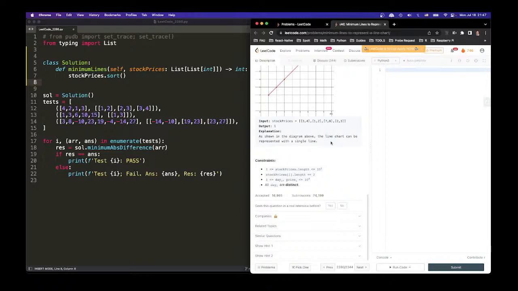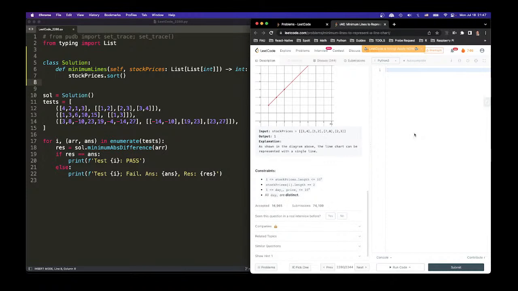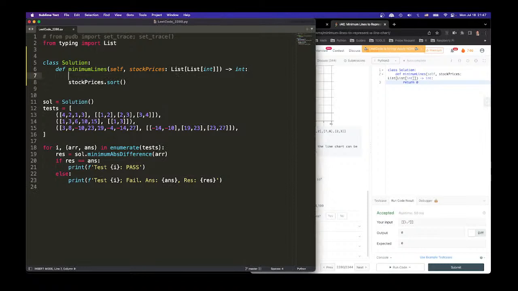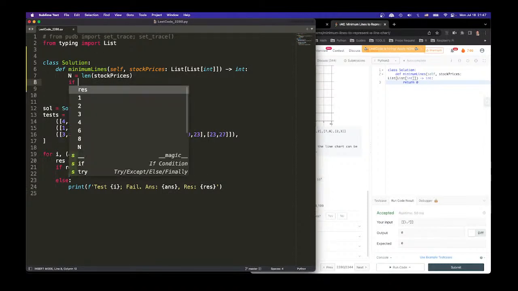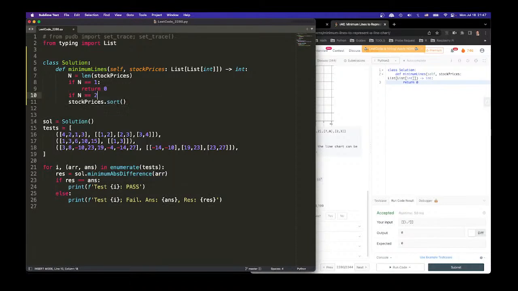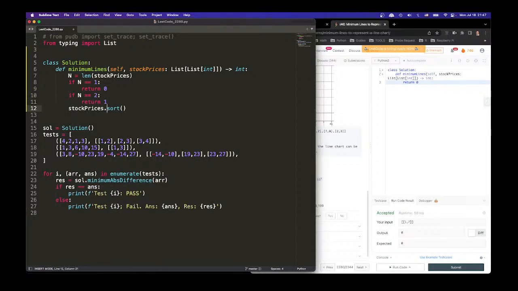So if it's 1, is that 0? Oh, yeah, it is 0. So n equals len stock prices. If n is equal to 1, return 0. If n is equal to 2, return 1, right?